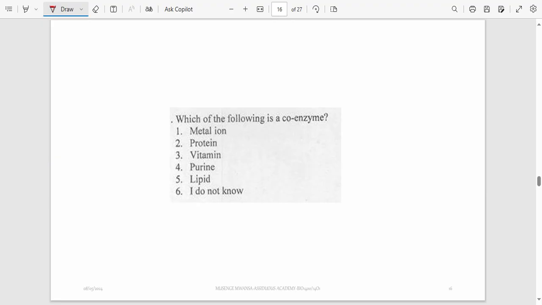The next one, which of the following is a coenzyme? Metal ion, protein, vitamin, purine, lipid. Which one would you pick? Vitamin. Anyone else with a different option? Vitamin.